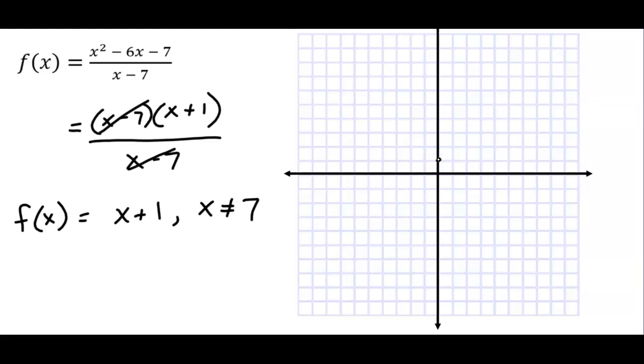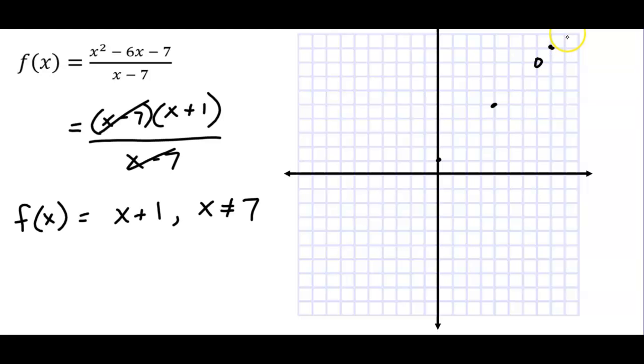But what's going to happen is, let's put in some numbers here, 4, 5, right? Just kind of making a table of values in my head. Now at 7, there will not be a value there. It looks like it would be at 8, like if you plugged in 7 into that function, right? And if you put in 8, you would get 9.